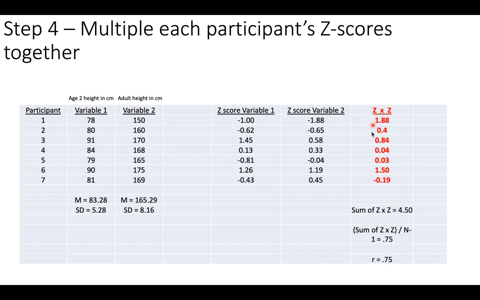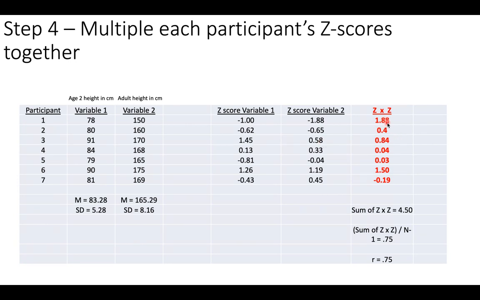I want us to quickly notice something here, that when variables move together, so when we have 2 negatives, they produce a positive number. Person number 2, the variables move together, they have a negative, they produce a positive number. Also, when we have 2 positive z-scores, they're still moving together, so we have another positive number.